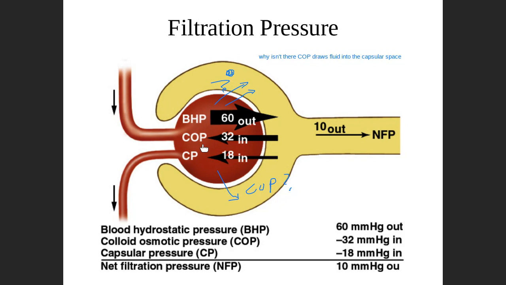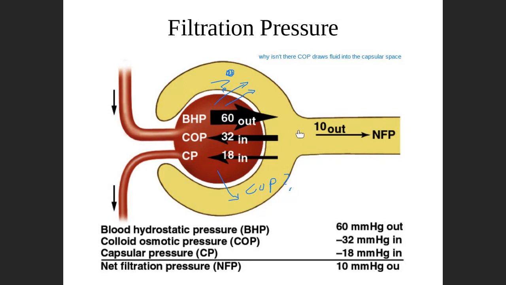Okay, so the reason why you don't have any colloid osmotic pressure in the capsular space is because there are no proteins in the capsular space. There shouldn't be any proteins at all. If there's protein, then you have a problem. Okay. And that's one of the things, if people have a damaged filtration membrane here, protein can leave, then water can usually follow that as well.